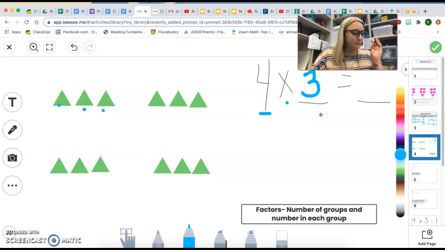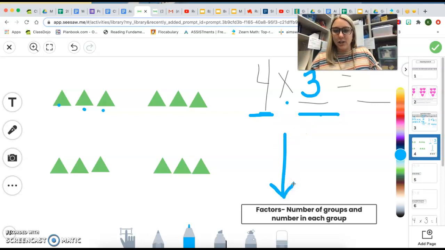Now, to find my answer, right, I can use repeated addition, or I'm going to use other strategies. So we're not going to quite worry about our answer quite yet. We're going to get to that. But I want you to know that these, the 4 and the 3, those are things called factors.